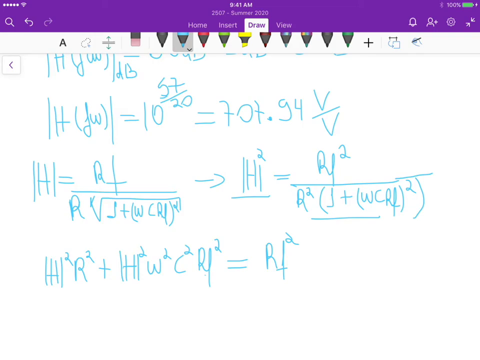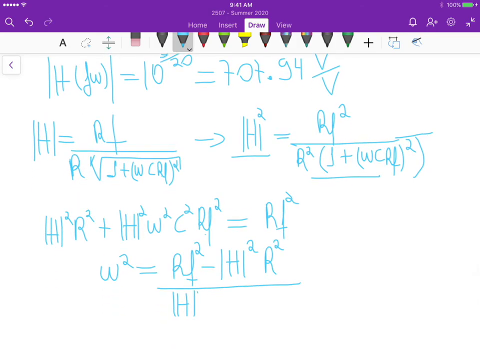Now we can take omega squared equal to RF squared minus the magnitude of H squared times R squared, divided by the magnitude of H squared times C squared RF squared times R squared.